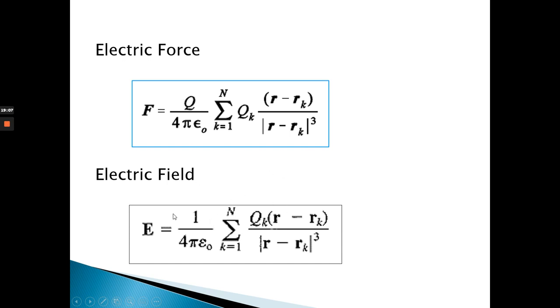And this is mostly similar, but Q is missing, that's all. They are the same thing, but for F you need two charges, and for E you don't need any. If only one charge is given, you can directly calculate the electric field intensity or electric field strength. For force the unit is Newton, and for this it is Newton per coulomb, which we also call volt per meter.